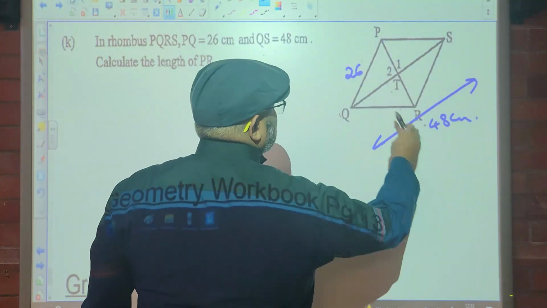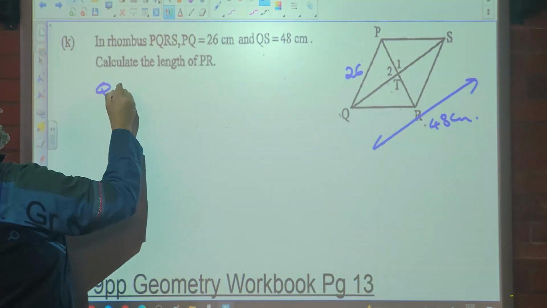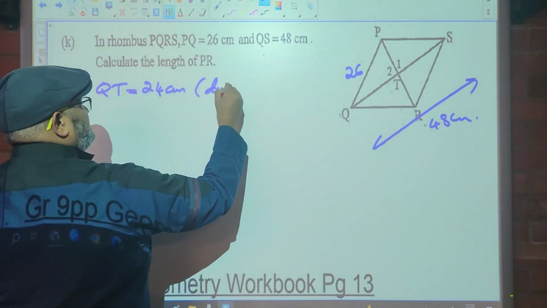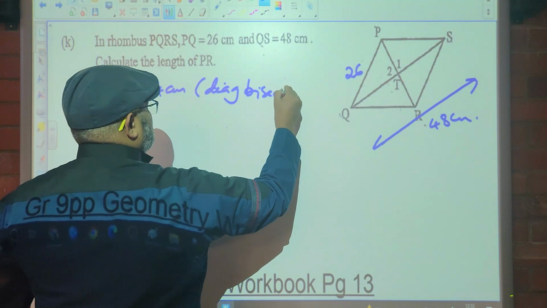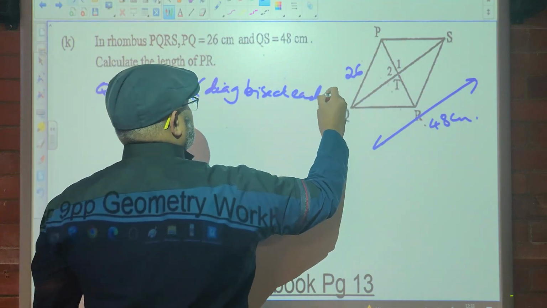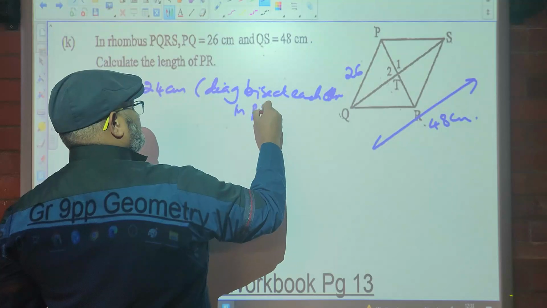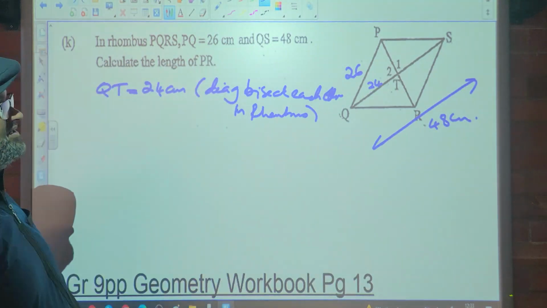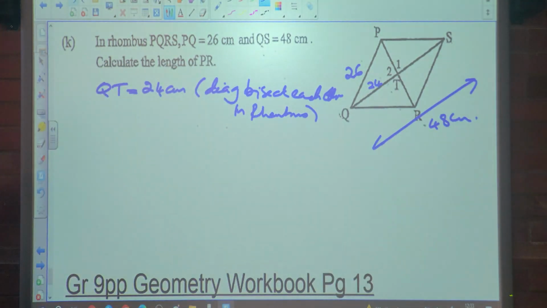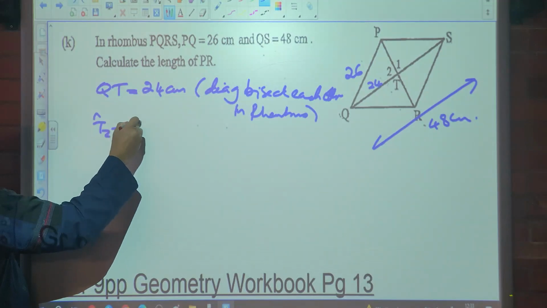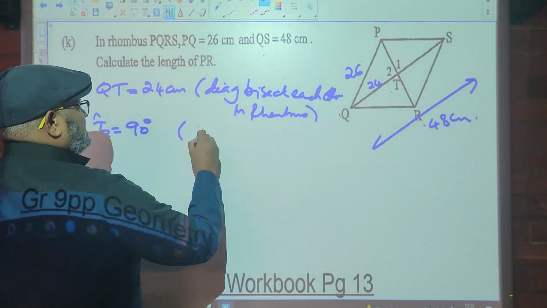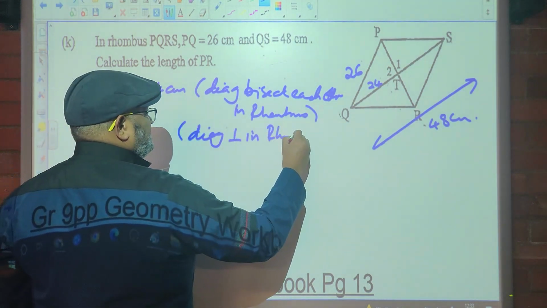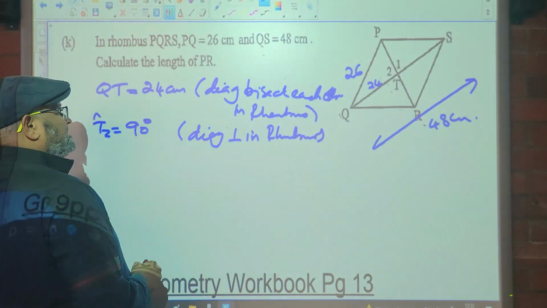So let's go. That's what was given. So we first say that QT is equal to 24 centimeters. Why? Diagonals bisect each other in a rhombus. Okay. For Pythagoras, we need the angle to be 90, not so? So T2 is 90 degrees. Why? Diagonals are perpendicular in a rhombus.